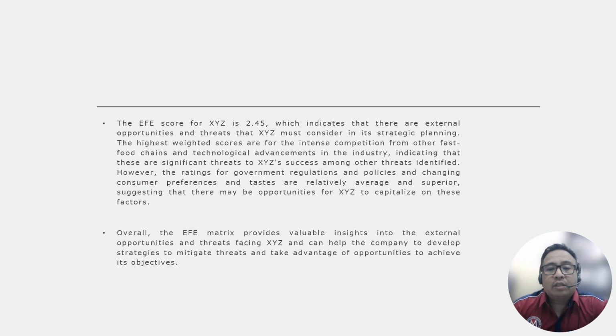The EFE matrix serves as a useful tool for XYZ to assess the external environment and make informed decisions regarding market positioning, competitive advantage, and risk management. With the insights gained from the EFE analysis, XYZ can align its strategies to effectively respond to external factors, ultimately driving its success and achieving its objectives.